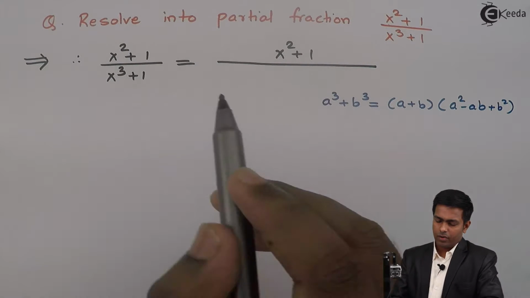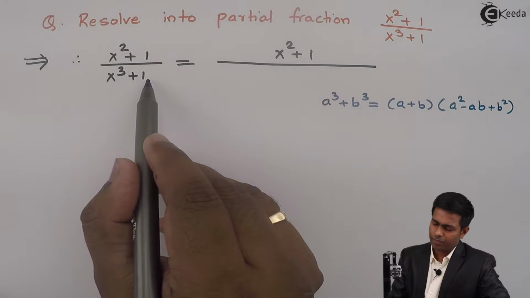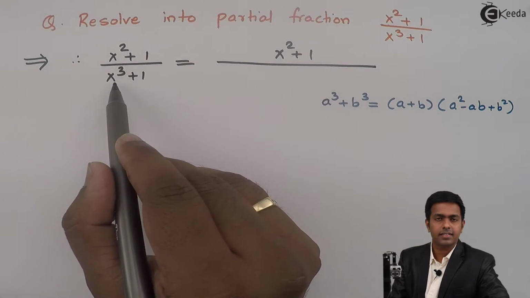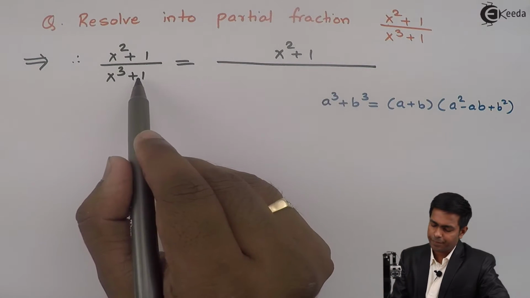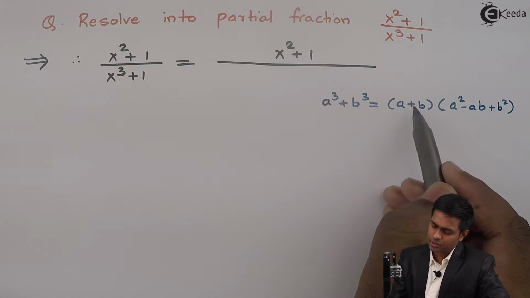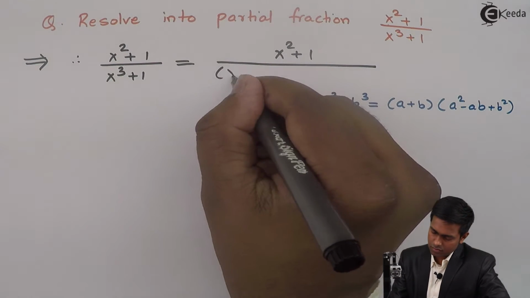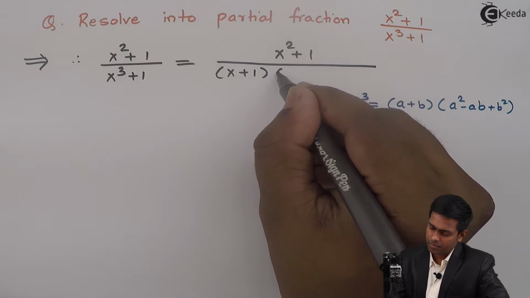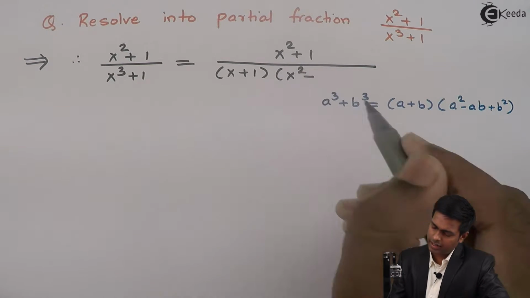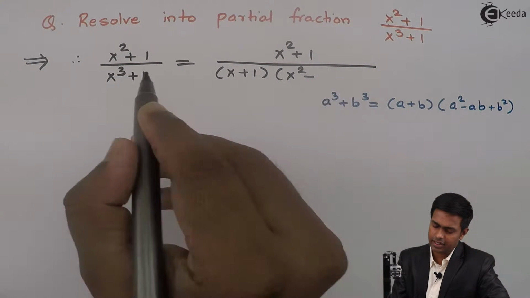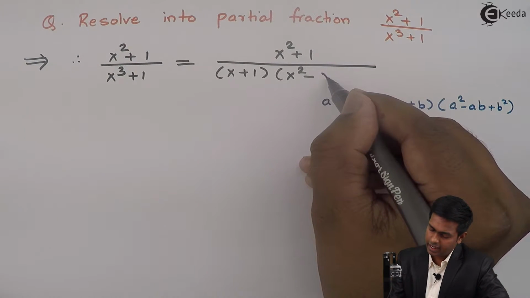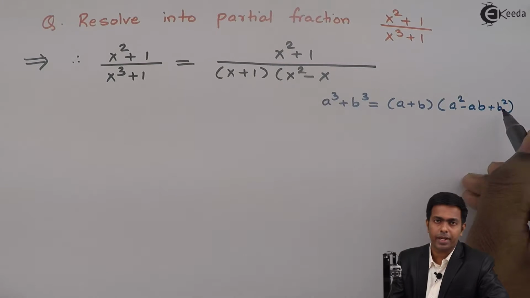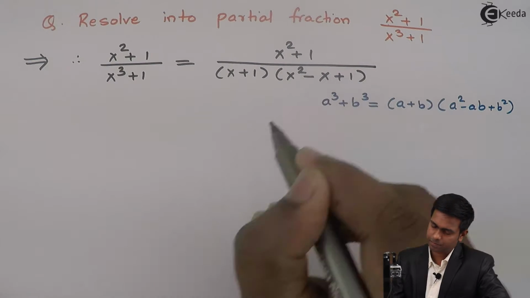So now x cube plus 1 cube, here a is x and b is 1. So this will become x plus 1 and this will become x square minus ab, that is x into 1, that is x, plus b square, b is 1, so plus 1.